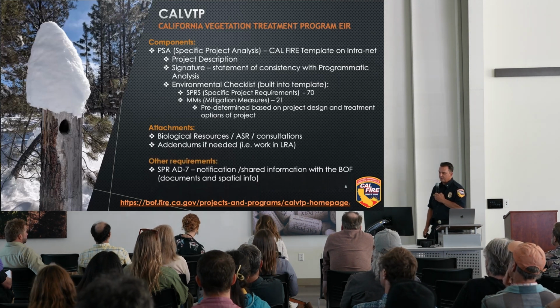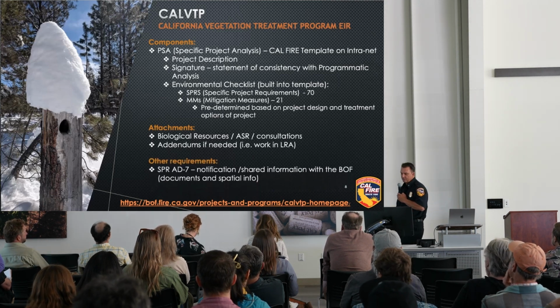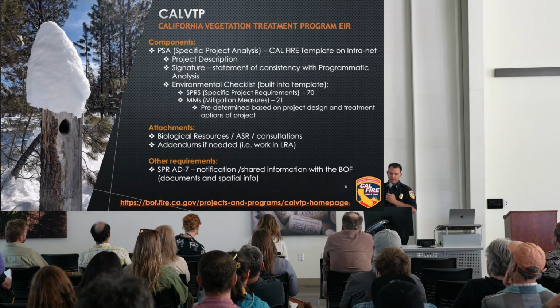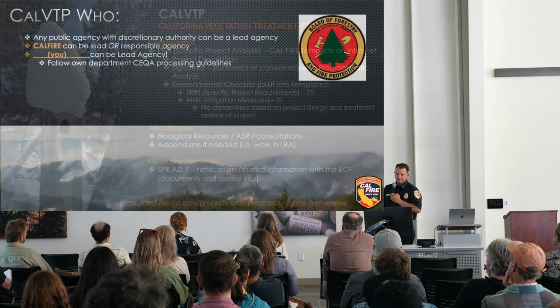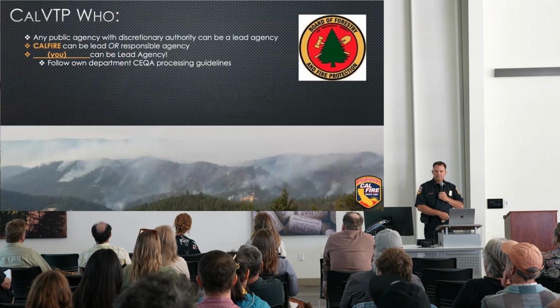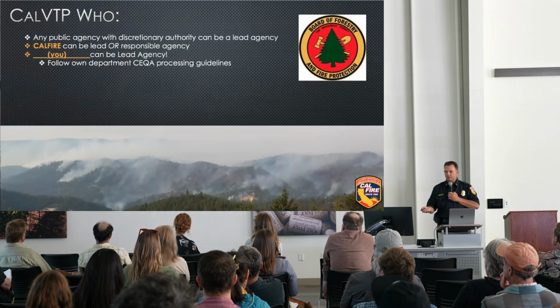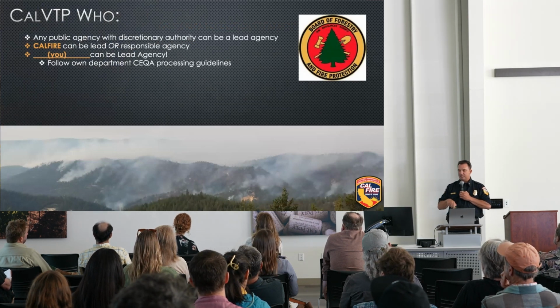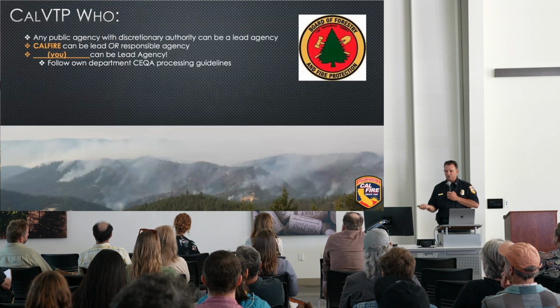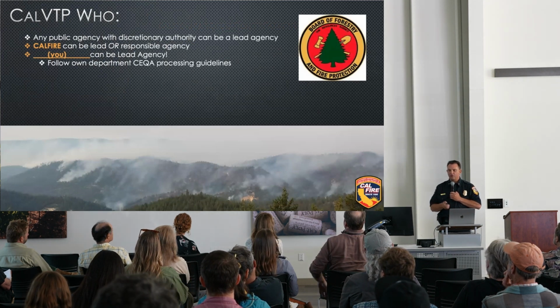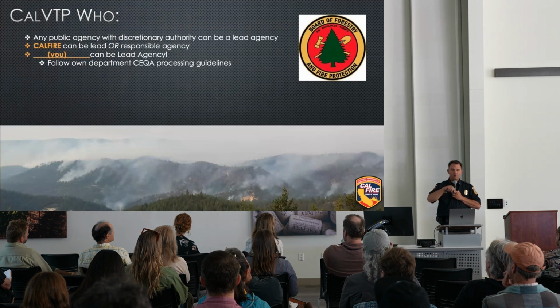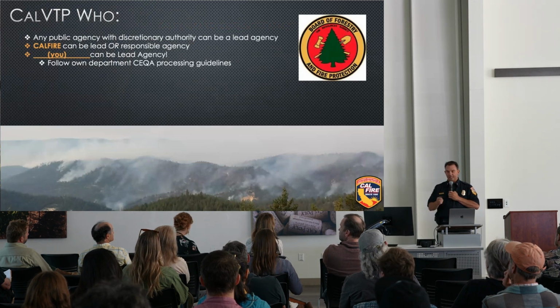The other requirements are the specific project requirements for notification and public transparency. Who can do it? Anybody as a lead agency or responsible agency, such as County Fire Department or Resource Conservation District. But you have to follow your own requirements within your organization as a lead agency.